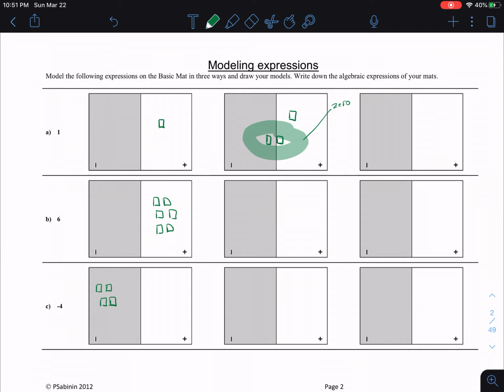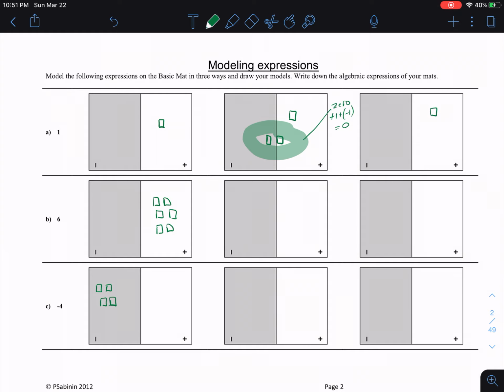Well, it is a plus 1 and a negative 1. And the total value of that is 0, because plus 1 plus a negative 1 equals 0. And we know that. So the value of the second mat is actually still 1, but it looks substantially different from the way that the first mat looks.